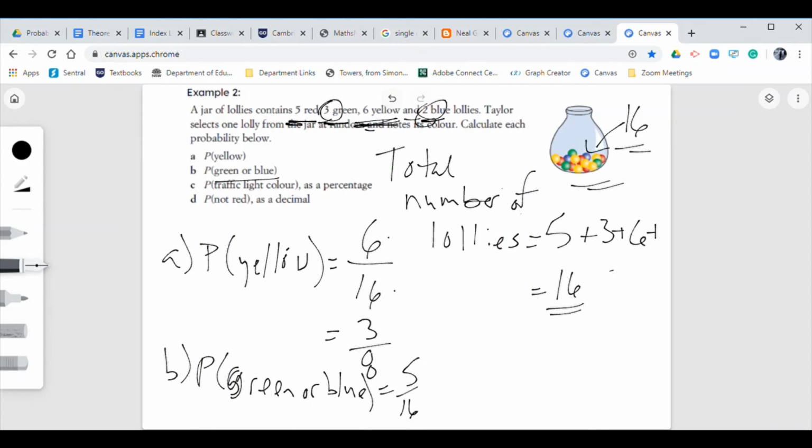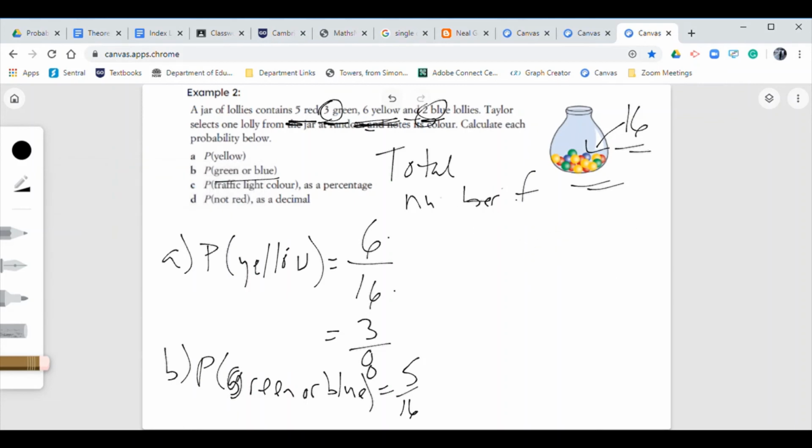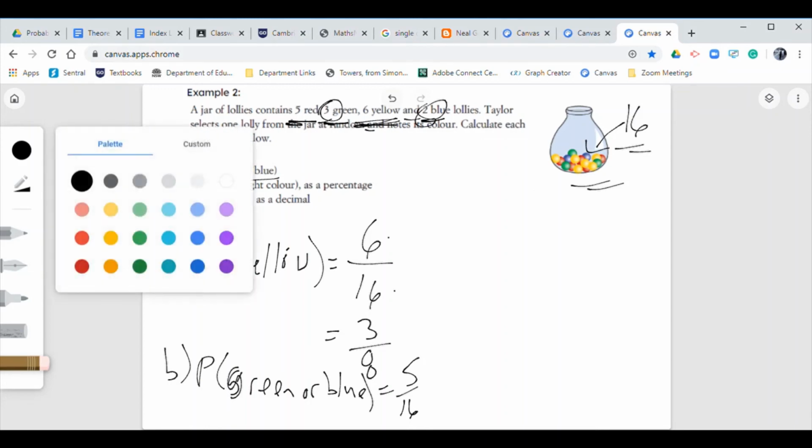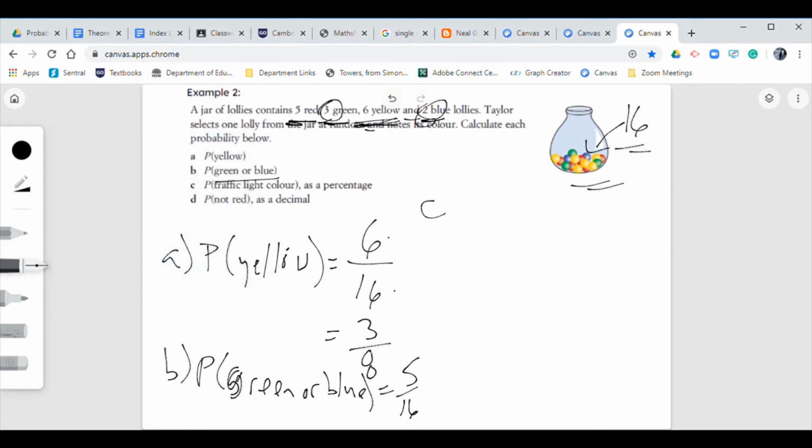I'm going to erase some of my stuff here just to make a little bit of room, so I can continue doing my examples without starting a new page. You already know how I got 16 for lollies. So for C, we're going to determine how many of those lollies are a traffic light color. I'm not going to worry about the percentage part, but we're going to worry about the traffic light colors.